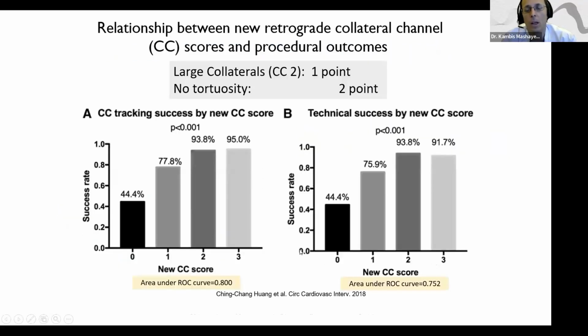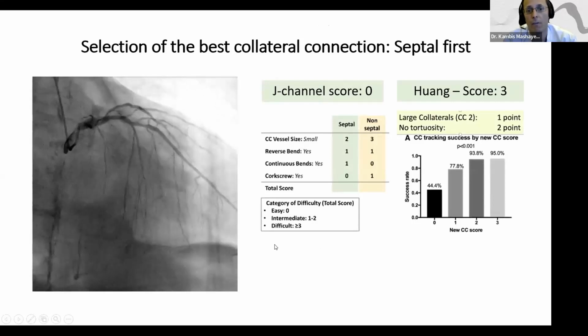So what we understand here is that you get a point for large collateral size, and for excluding tortuosity, there are 2 points. And when you have 3 points, the chance of passing this collateral is very high, more than 90%. This is very, very interesting.